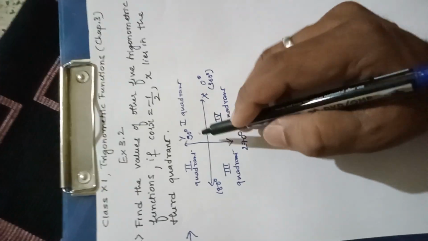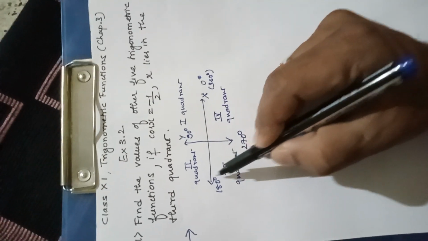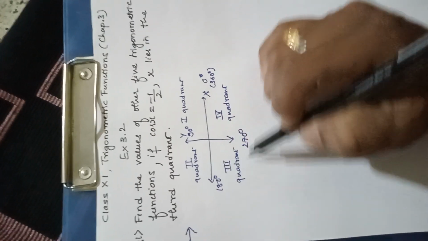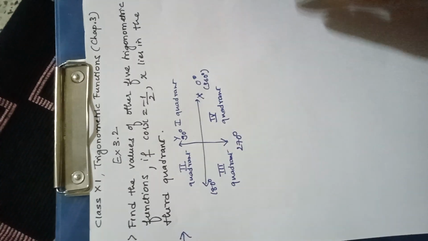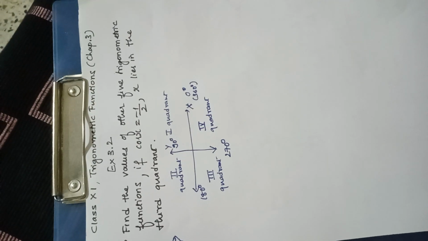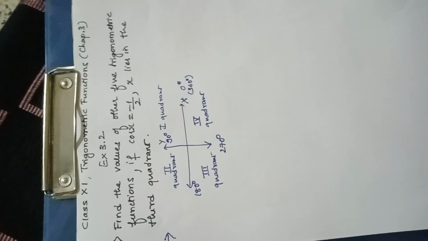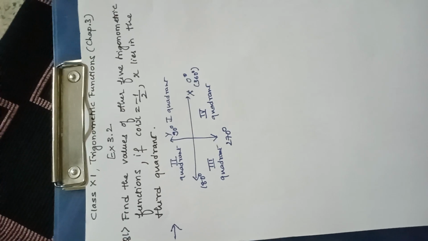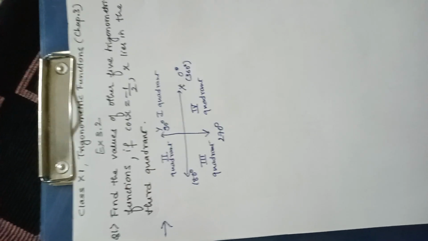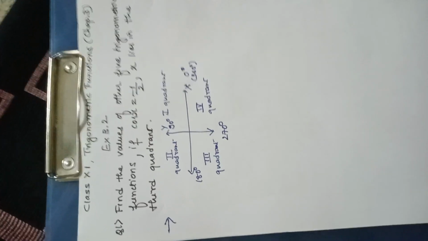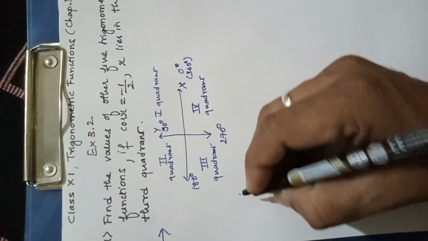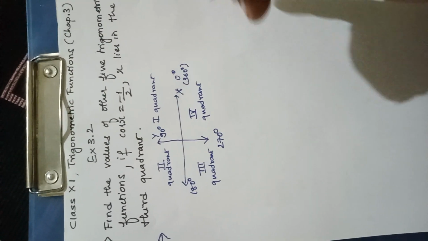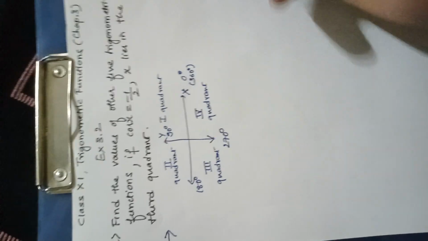Now here I have expressed the angle in terms of degrees. In one of the previous videos on trigonometric functions, I mentioned that the angle can also be measured in radians. Radians is the standard unit of angle. We had also discussed how to convert angle in degrees to angle in radians.